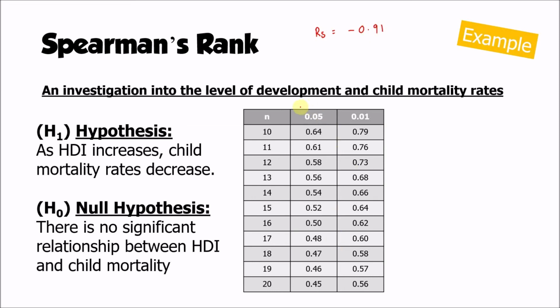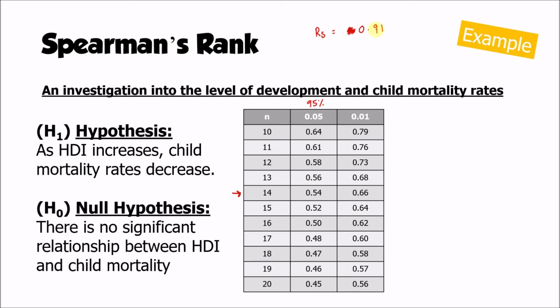We want to be looking down this table at the row here for 14, because we had 14 countries. So in order for us to be 95% confident, our result would have to be higher than 0.54. Now what we have to remember at this point is that we ignore the negative value. We imagine that that negative sign isn't there.